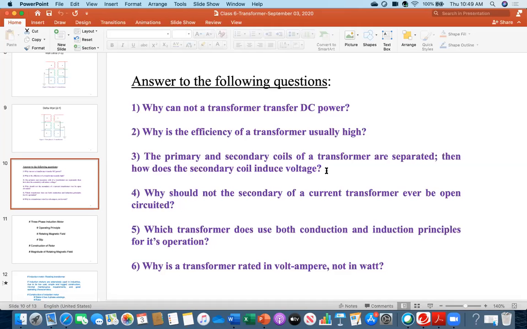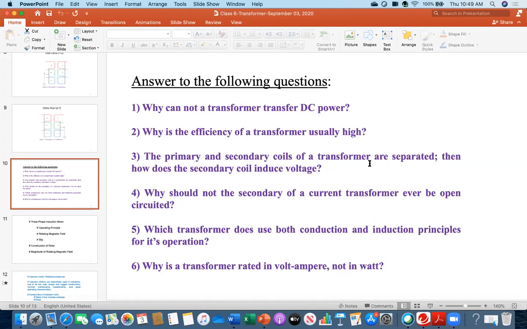You see, your coil is static. Once again, a transformer is a static device. Your coil is static, but you need time varying flux. You need changing or alternating magnetic flux in the core material. Then the voltage will build up. So now what is happening?